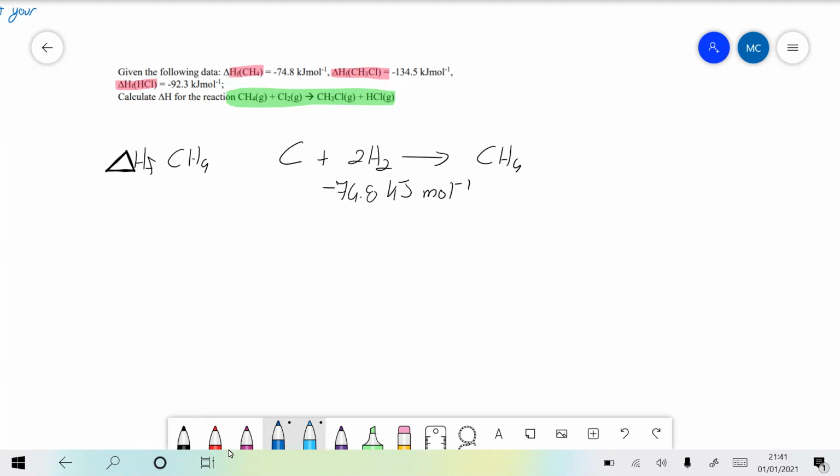We also have the enthalpy of formation of CH3Cl, and this is carbon plus 3/2 H2 plus half Cl2 to give CH3Cl, and this is minus 134.5 kilojoules per mole.